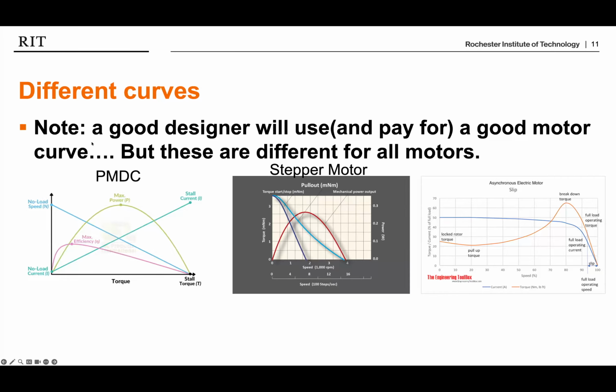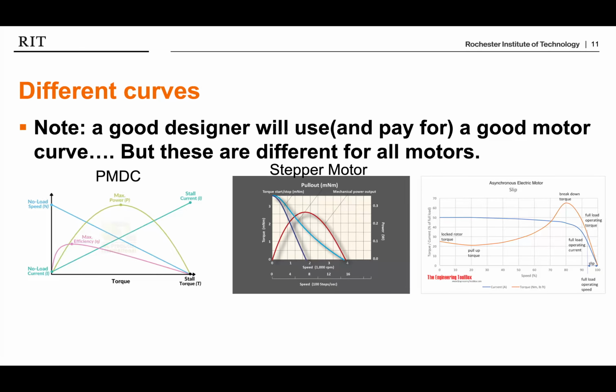Permanent magnet DC motors are just mechanically commutated versions of what we just saw, so they look pretty much the same. You'll notice that maybe the max efficiency is shifted over a little bit. It's usually a little farther away from the max power, but still, these things look identical.